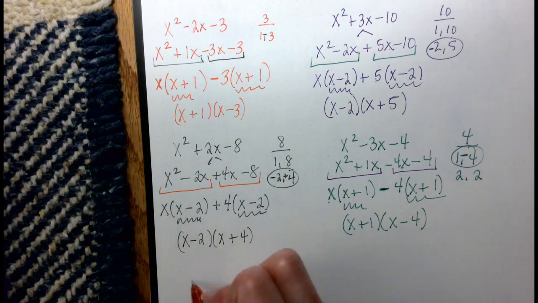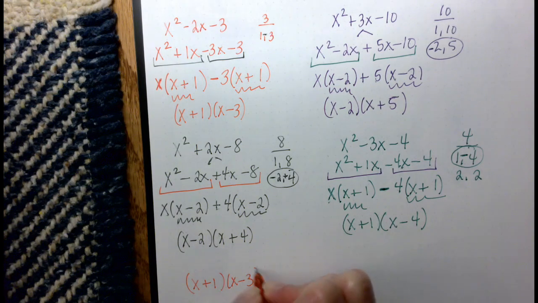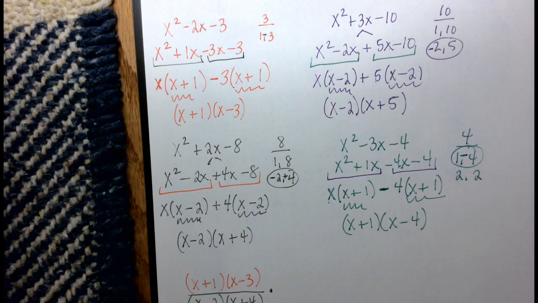So we've got x plus 1 times x minus 3, divided by x minus 2 times x plus 4. We're going to multiply by x minus 2 times x plus 5, and then we can divide that by x plus 1 times x minus 4.